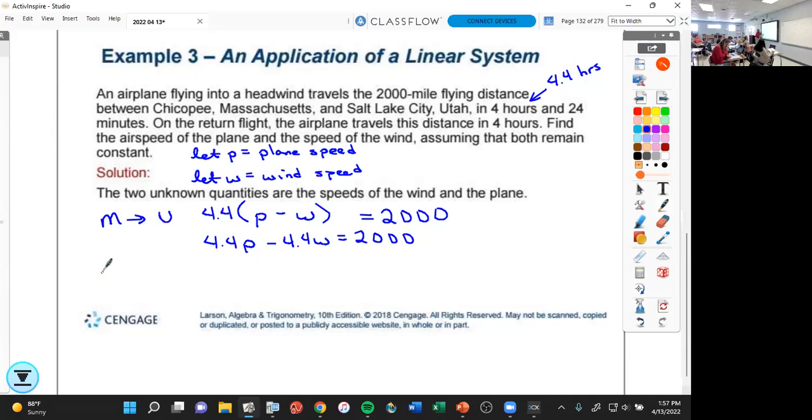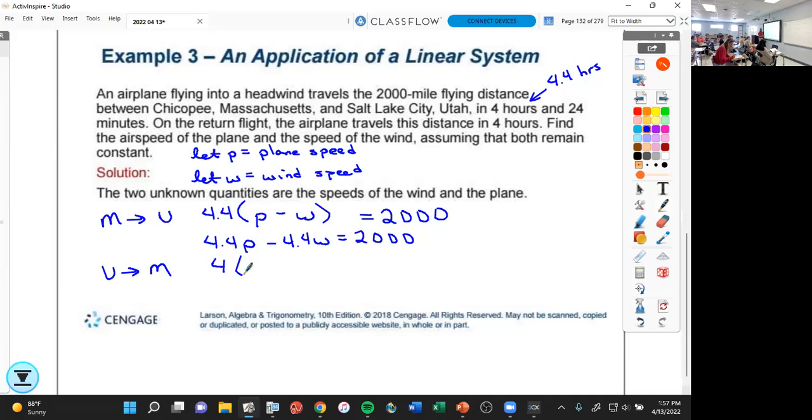Now flying back. Are you flying also headwind? The wind's probably only going one direction, so it's coming from behind you. So it's positive, the opposite. How long are we traveling from Utah back to Massachusetts? 4 hours.